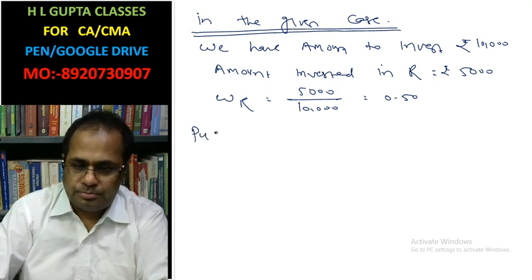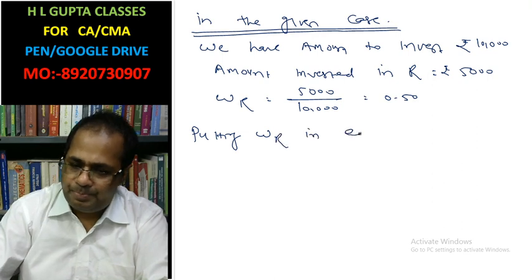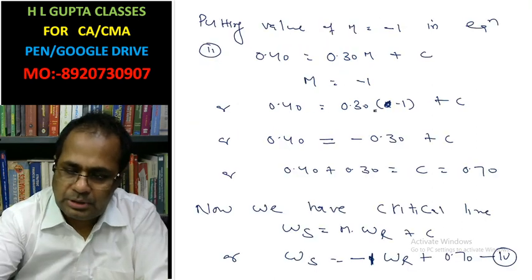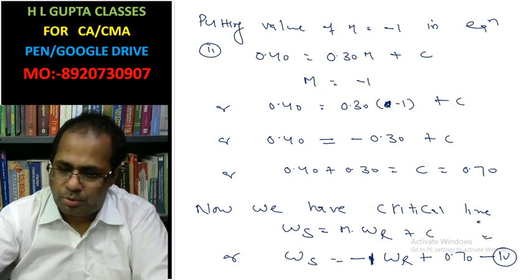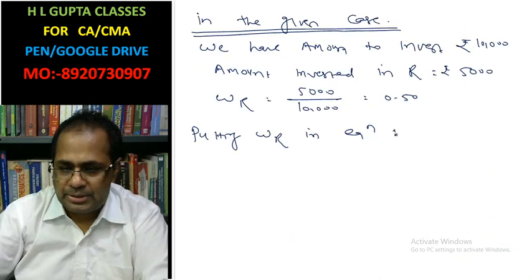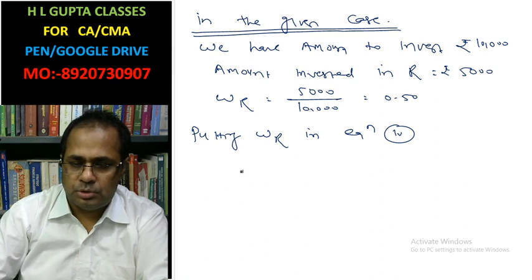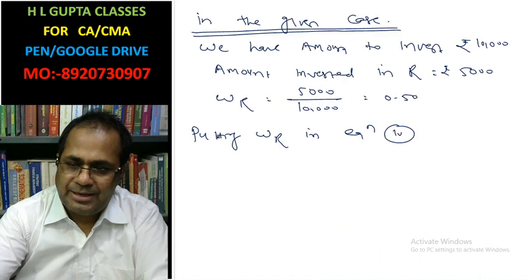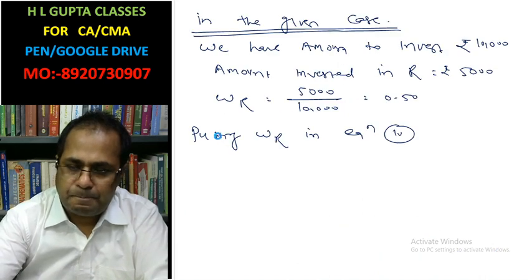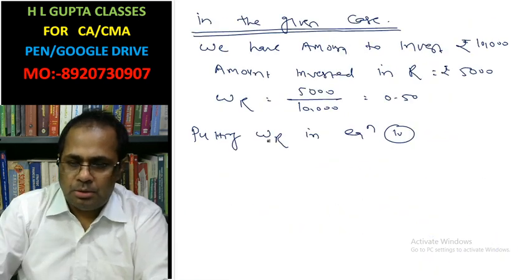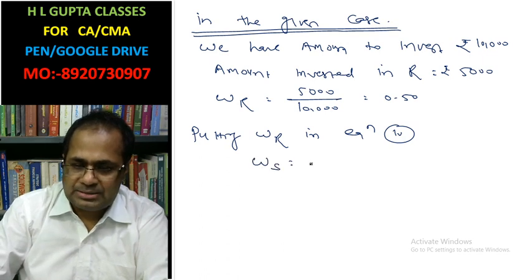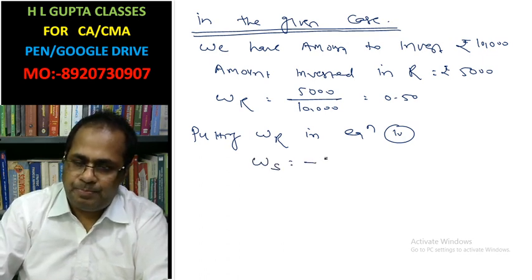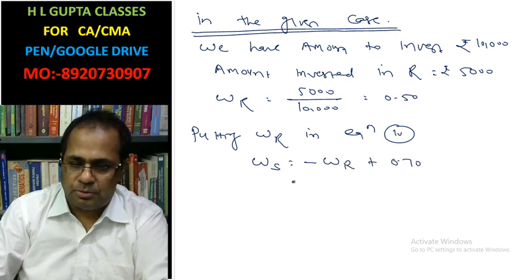Putting weight of R in equation 4, we have weight of S equal to minus weight of R plus 0.70.